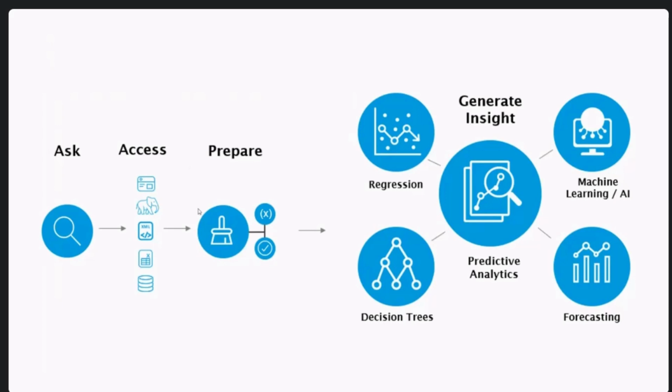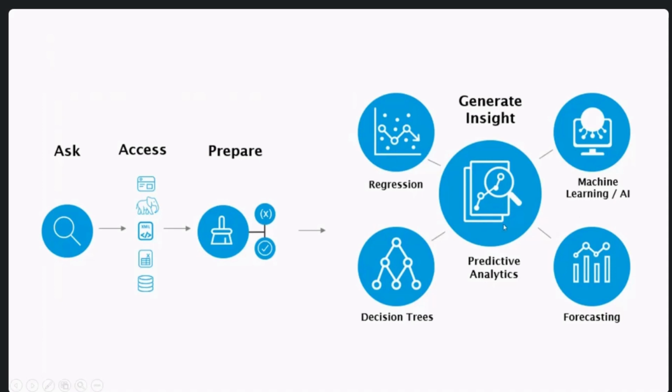So after you prepare your data, the analysis process starts. And there you can choose the type of analysis, whether it is descriptive, diagnostic, predictive, or prescriptive. Here I have shown you the predictive data analytics, so just look into it.